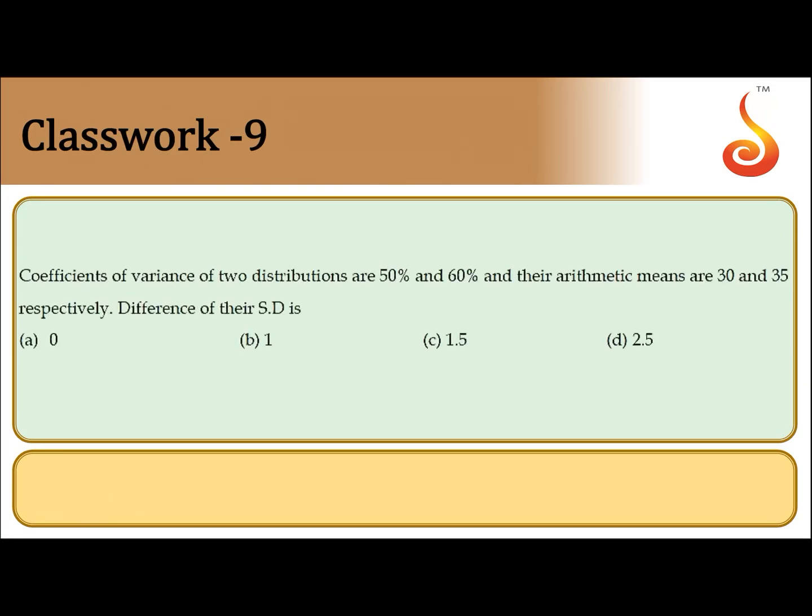Next one. The coefficient of variance of two distributions are 50% and 60%. The coefficient of variance is sigma divided by x bar into 100.